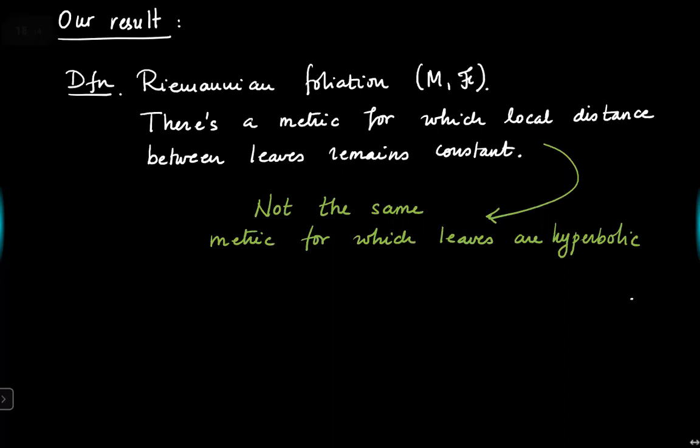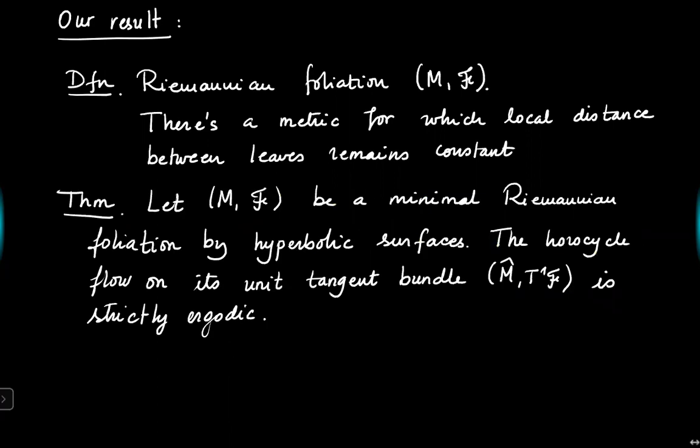And another thing we have to deal with is that even if there's a Riemannian metric for which the local distance between leaves remains constant, this is not the same metric for which leaves are hyperbolic surfaces. So we have two metrics here, the one that exhibits the Riemannian behavior of the transversal, and Candel's metric, which gives the hyperbolic structure to leaves, which is still only continuous.